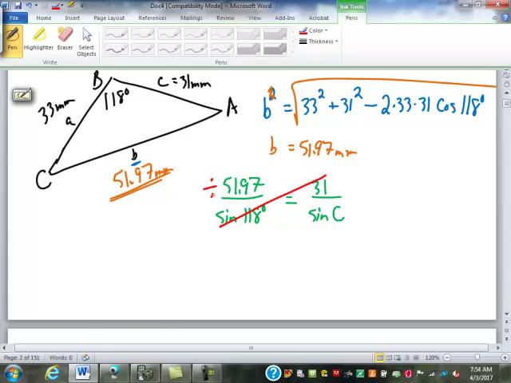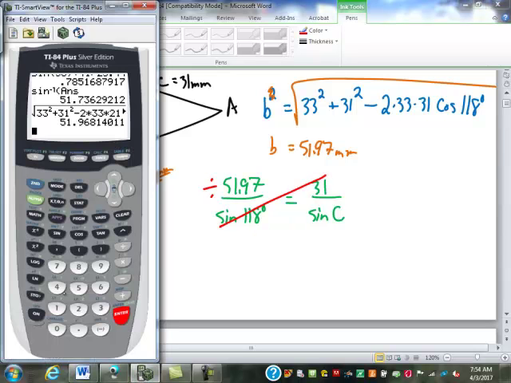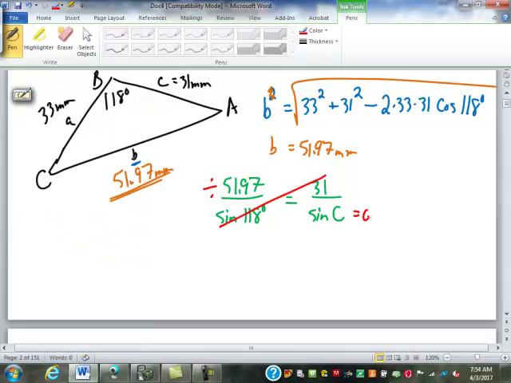So sine of 118 times 31 divided by 51.97. This is 0.5267.